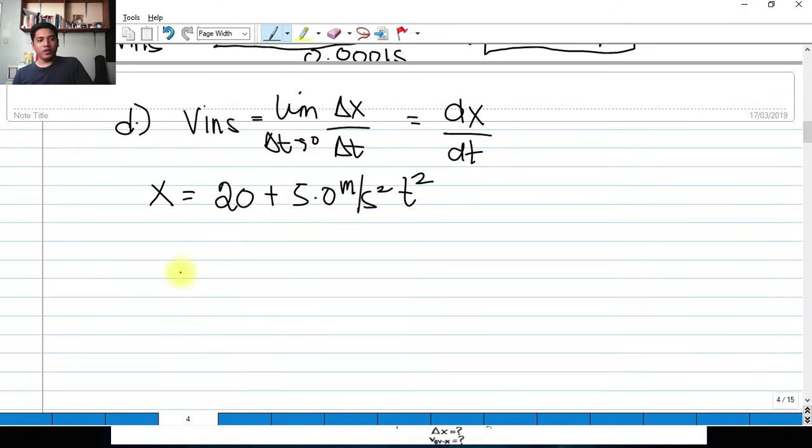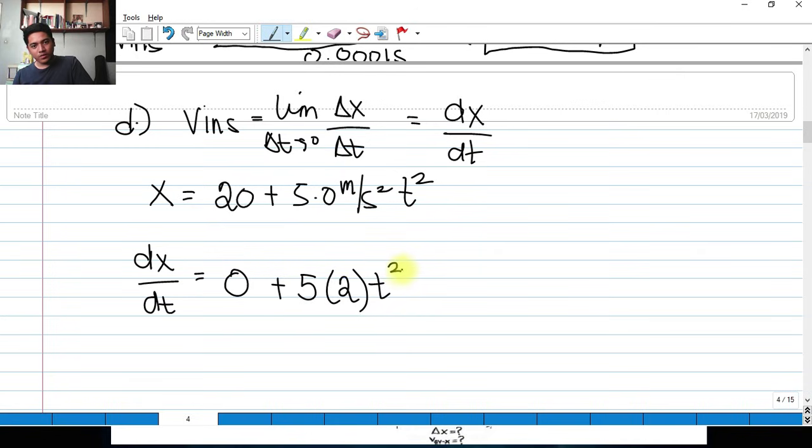So if we wish to get the dx over dt of this function, we shall be having the derivative of the constant, 0, plus, let me just drop off the units, 5 times 2 by power rule times t raised to 2 minus 1. So we will be having 0 plus 10 times t raised to 2 minus 1, which is simply 10t.